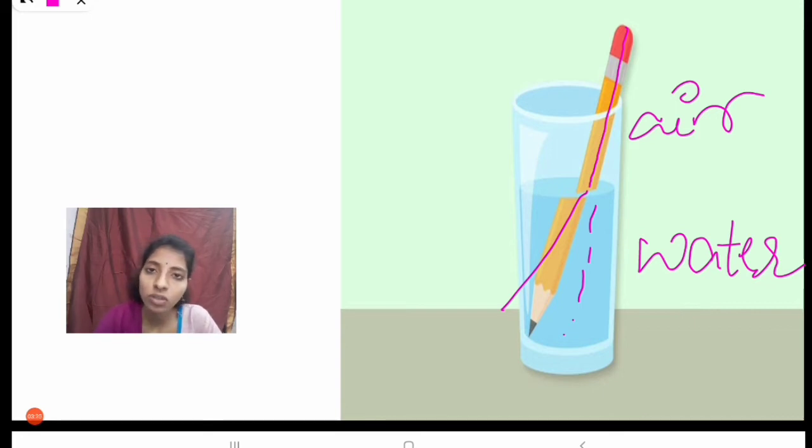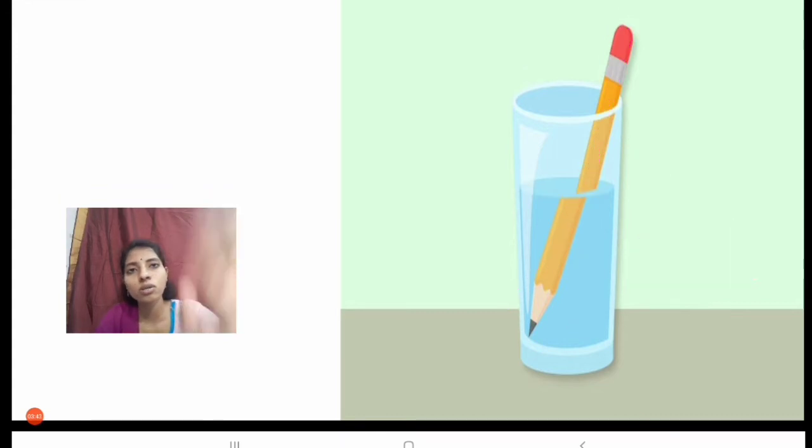Due to refraction of light, the pencil looks like it is broken inside the water. This is the incident ray, right? So the incident ray, after changing the interface between the air and water medium, the light ray bends. That's why here the pencil looks like it is broken inside the water.